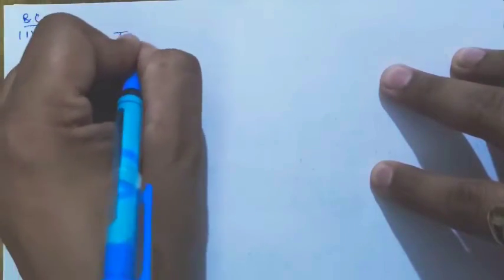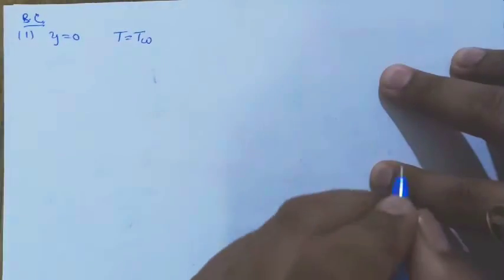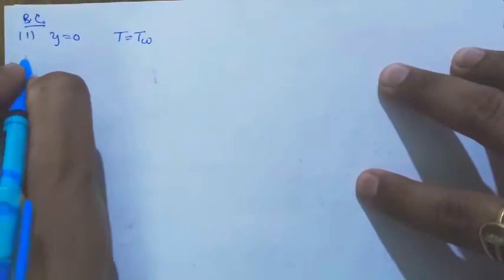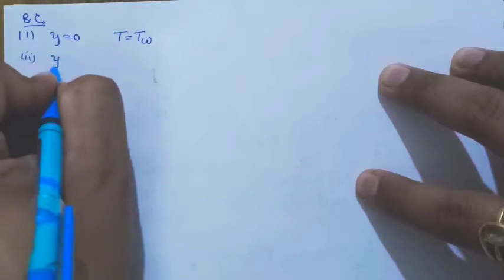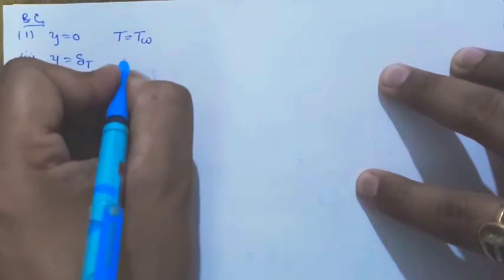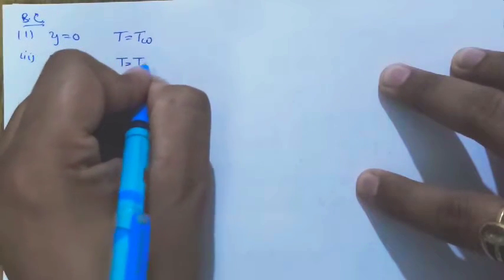At y equal to 0, boundary conditions, right? You can say that T is equal to Tw. Second, at y equal to delta T, T is T infinity.